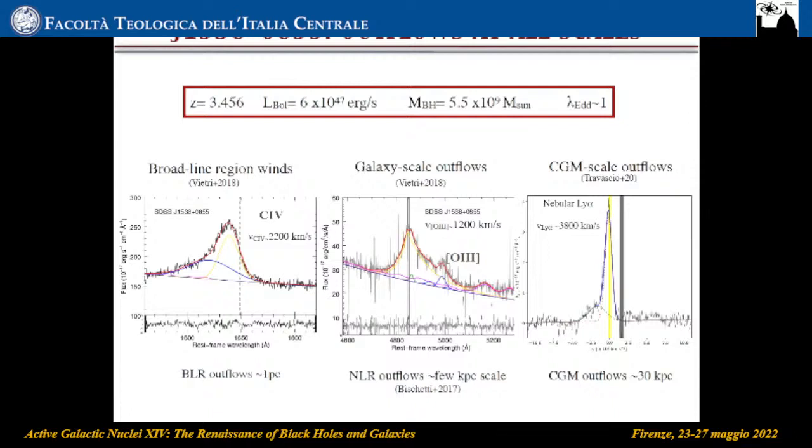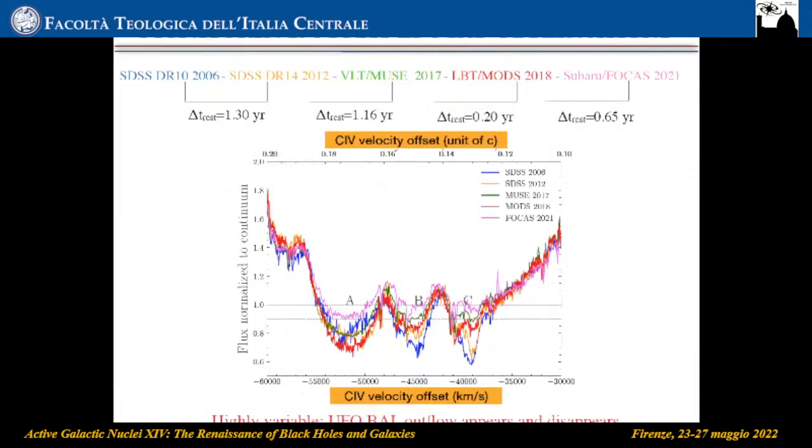So for this quasar, we have multi-epoch observations. In particular, we have 2 SDSS public observations and proprietary data such as MUSE, MODS, and FOCUS. Here you can see the time variation between 2 consecutive observations, and here you can see the comparison between these spectra. In blue, you can see the first one, and in pink, the last one.